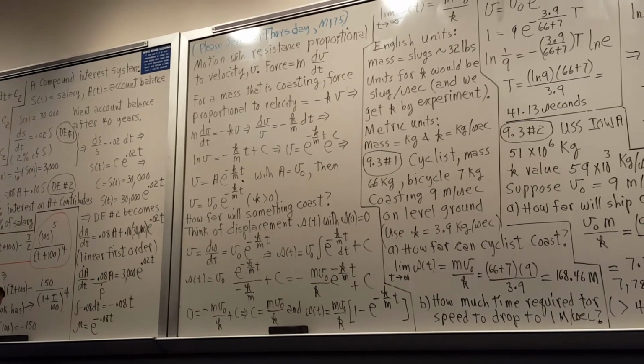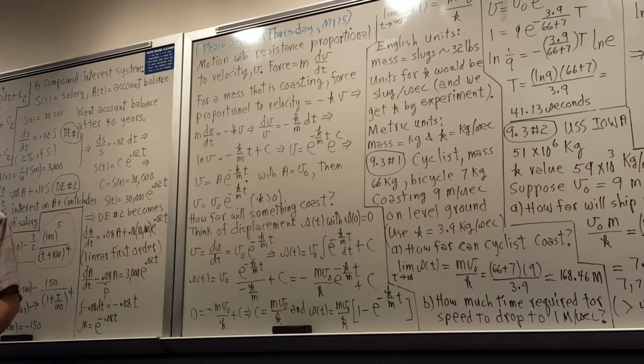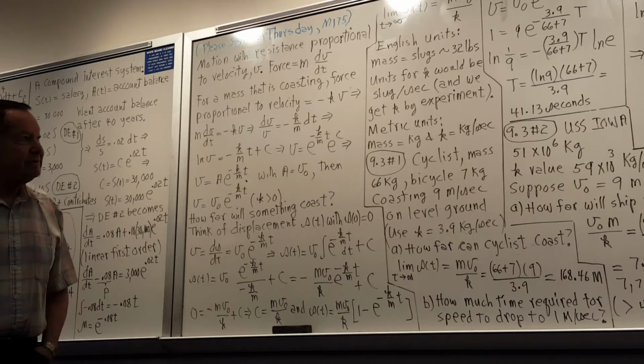So if it's a bicycle coasting, you'd have to get a value related to what tires are on it and what the surface is of the road, whether it's concrete or tar, or whether it's gravel, and obviously it depends on what the friction is between the tire and the surface.